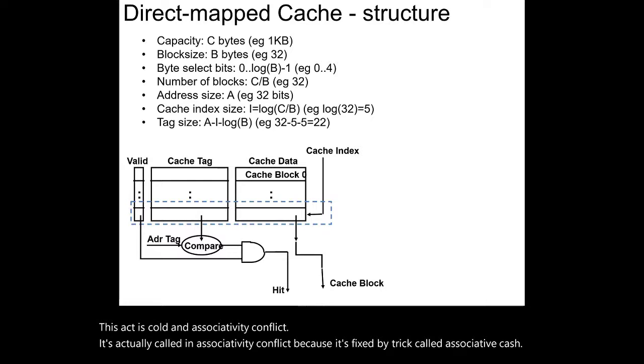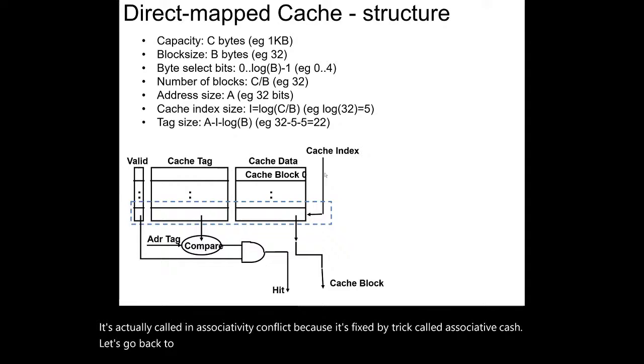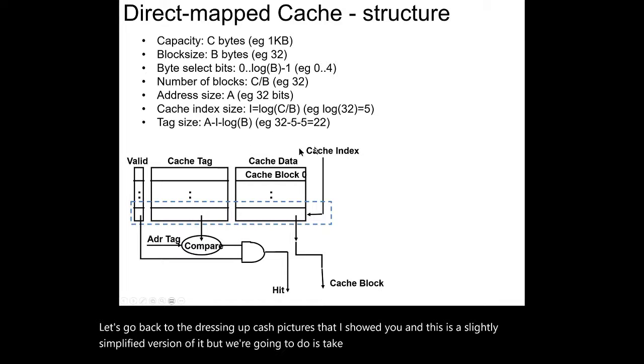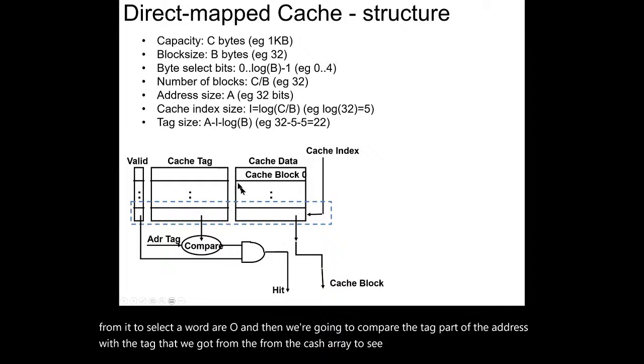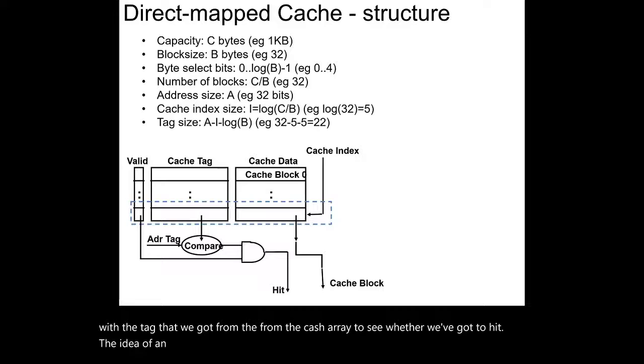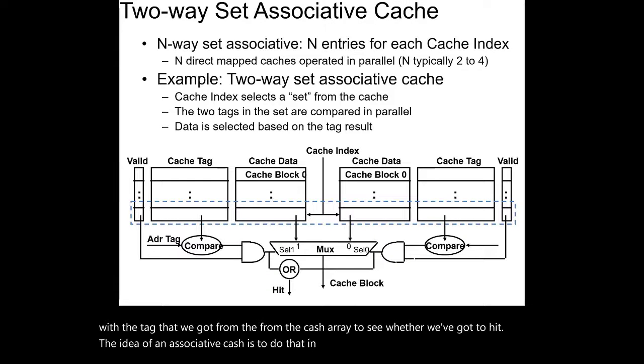Let's go back to the direct mapped cache picture that I showed you, and this is a slightly simplified version of it. What we're going to do is take our address, a word, use the index bits from it to select a row, and then compare the tag part of the address with the tag that we got from the cache array to see whether we've got a hit. The idea of an associative cache is to do that in parallel in two halves.